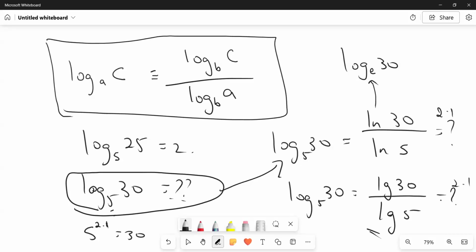Your calculator can do that. Can you do that? I don't know how to do the raising part. Well, you've got to learn your calculator.